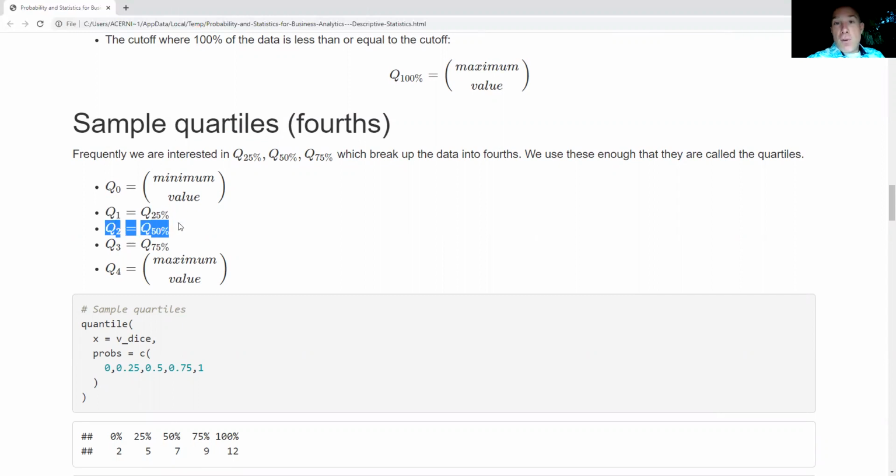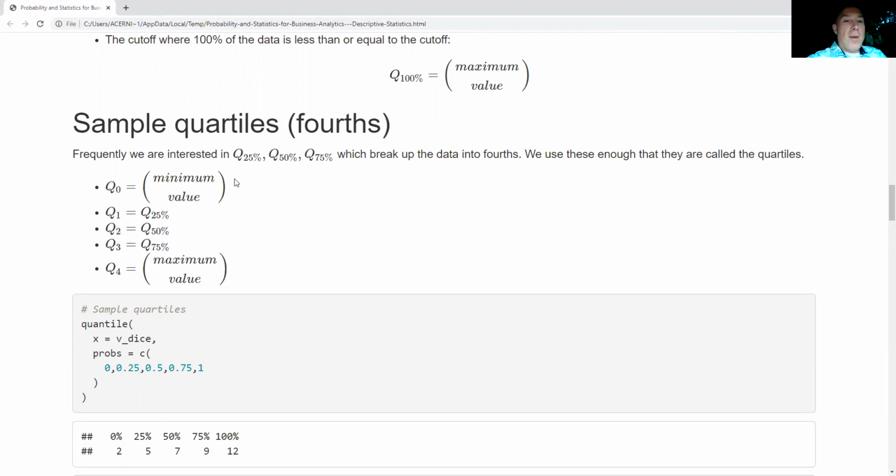Q2 is the 50% mark, so half the data is less than or equal to Q2, and it's also the median. Q3 is the 75% quantile, where 75% of the data is less than or equal to it. Q4 is the maximum value. We also say that Q0 is the minimum value of my data. That contradicts the less than or equal to aspect, but it's a convention.